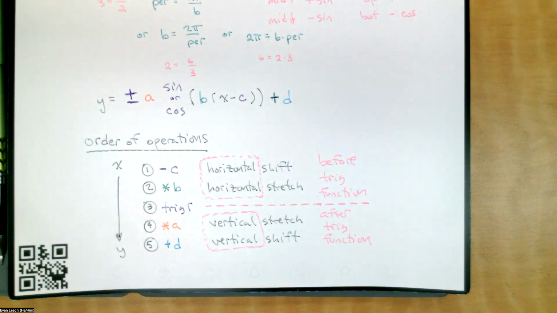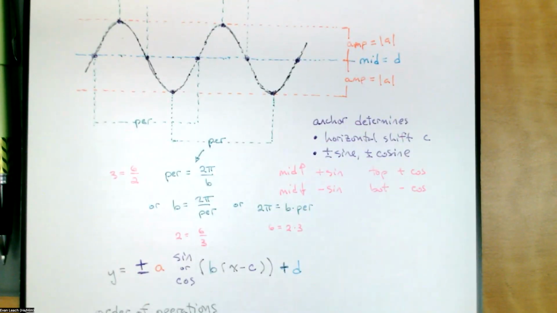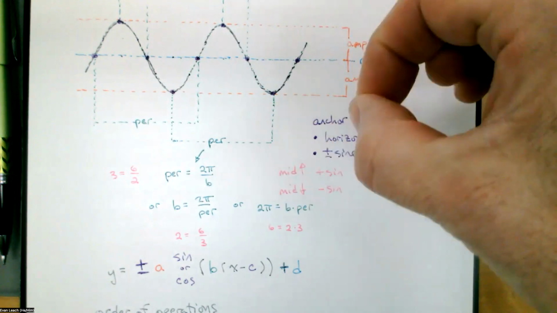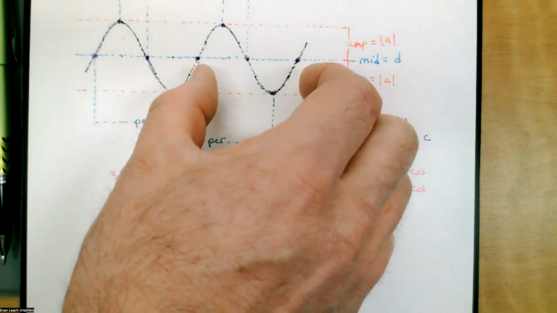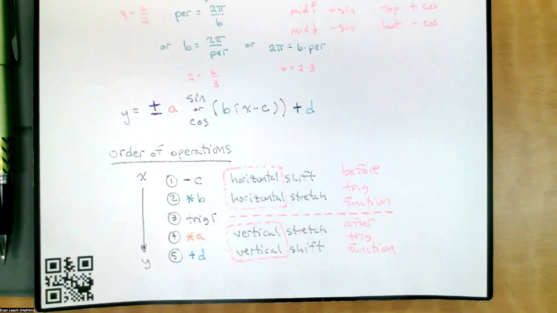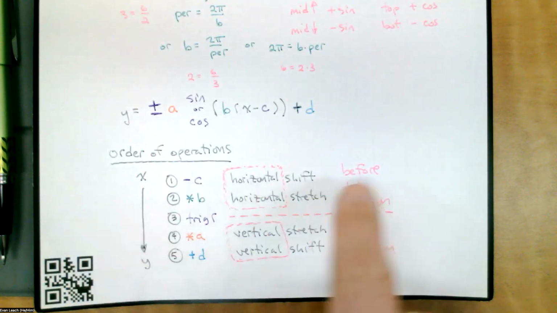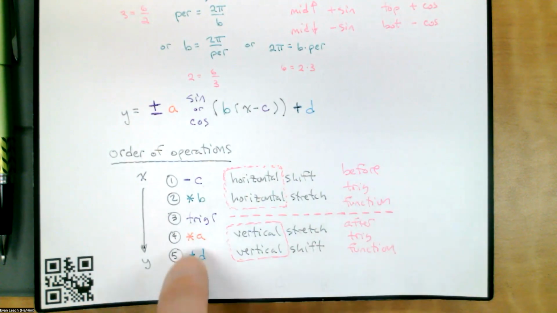The first time we encounter this idea of horizontal shifting and stretching and vertical shifting and stretching usually happens in trig because we have such a great function to work with. Sinusoidal functions are nice and contained. It's easy to see what's going on vertically, stretching and shifting, and once we see one cycle, we can imagine that shifting and stretching.